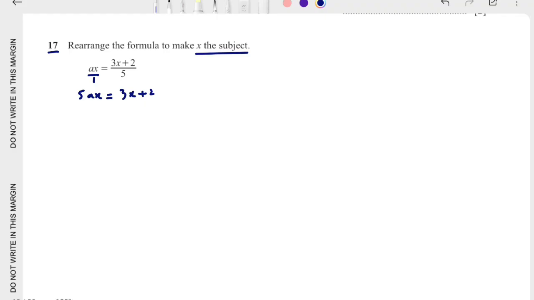Now we'll combine like terms together. 5ax minus 3x is equal to 2. We'll take x common. x times 5a minus 3 is equal to 2. We'll divide it by 5a minus 3. So this is the final answer.